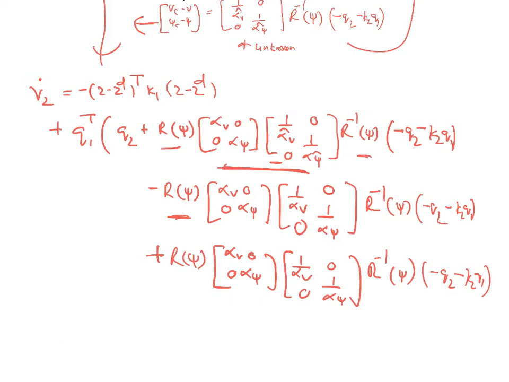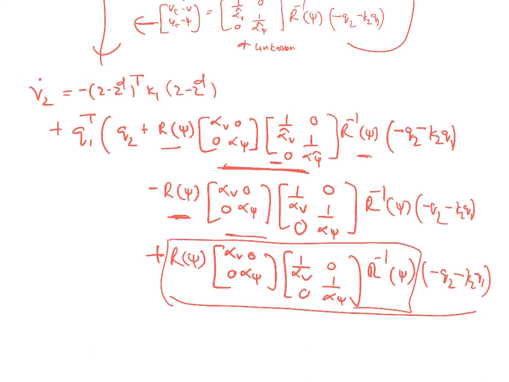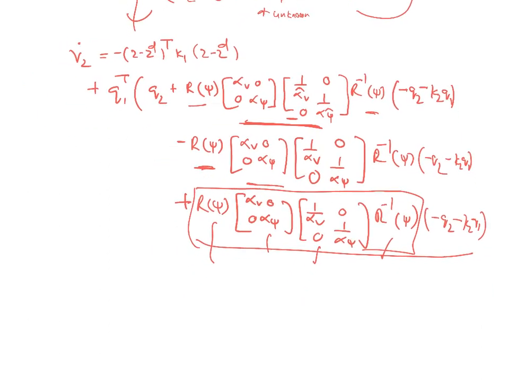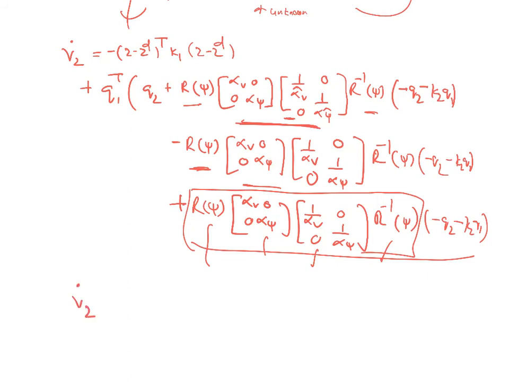Now this and this we can use, but what will be this quantity? This whole quantity is identity, right? This and this is identity, this and this is identity, so the whole thing is identity. So now we can write V2 dot. This can be taken out basically. This cancels this out, so this is the identity matrix.